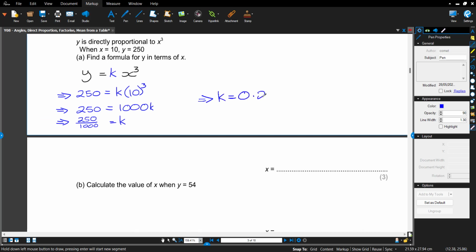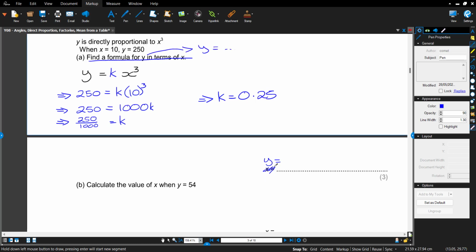Now don't forget to write the answer to the actual question. They want a formula for y in terms of x. So the formula is going to be, wow, this is wrong here. This should say y equals. They're saying formula for y in terms of x. That means y equals da da da.